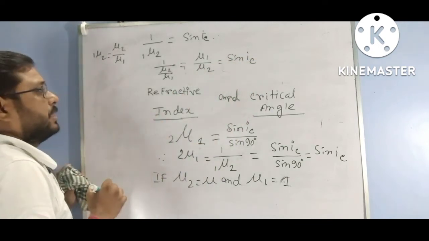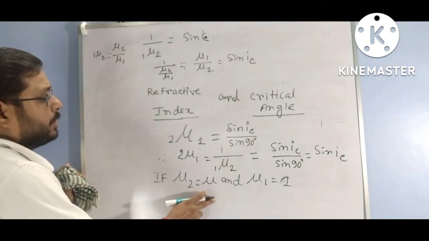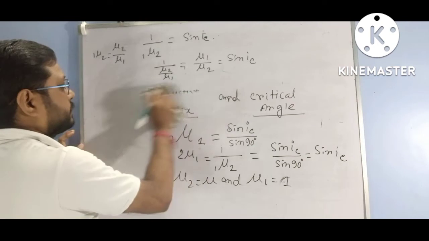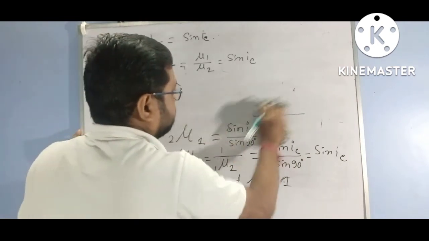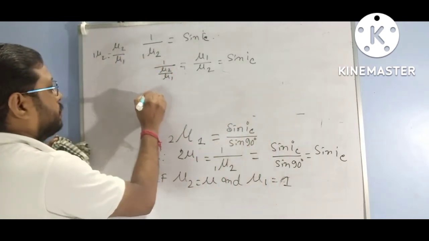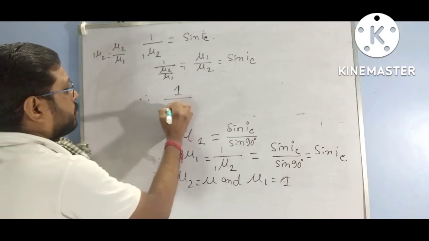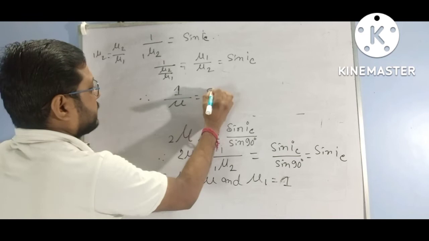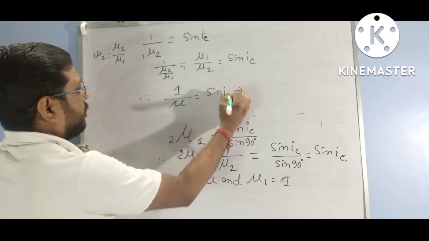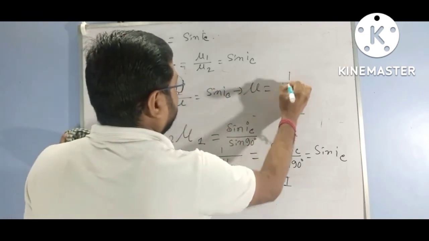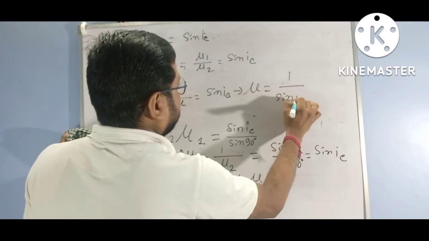Now we take mu 2 equal to mu and mu 1 equal to 1. Then sine IC equal to 1 by mu, or mu equal to 1 by sine IC.